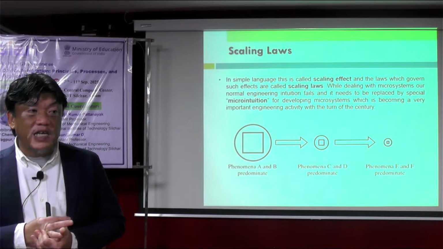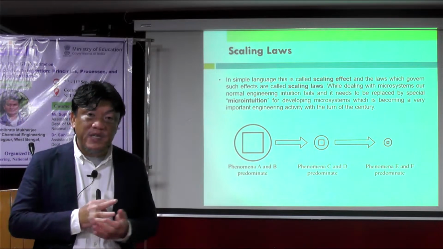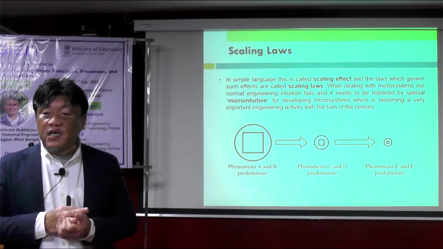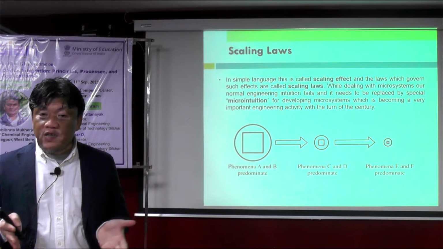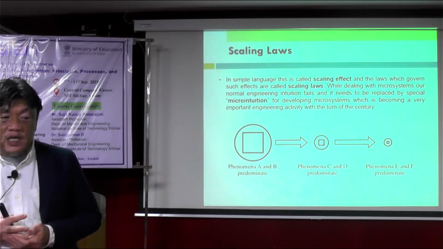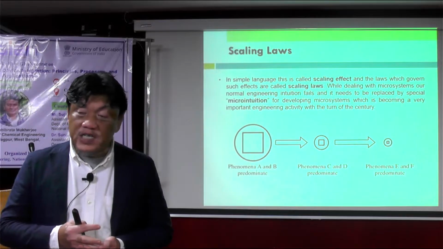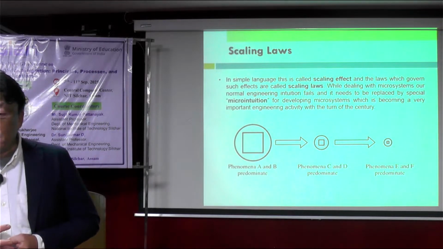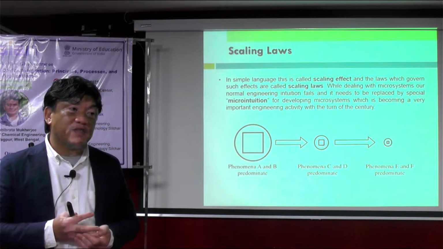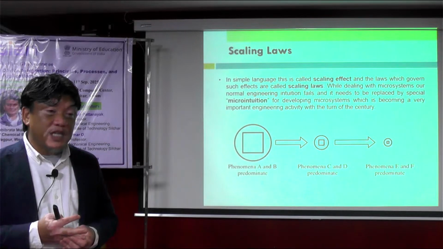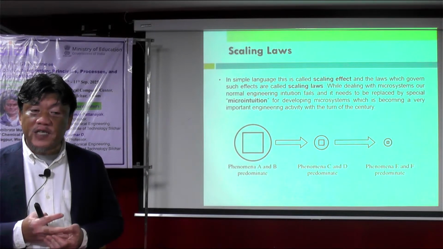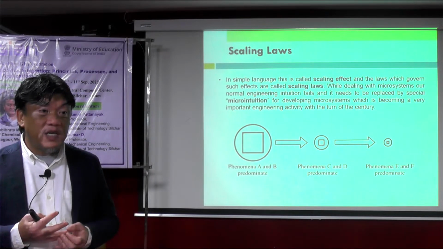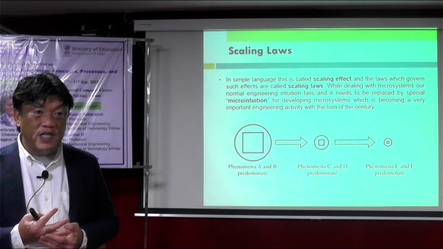So then you can get the relationship between the reduction of size, reduction of one dominant linear length, for example, in terms of looking into the properties of how fast you can heat up certain things and how fast you can move certain things. I mean, the frequency and the resonance of the things.